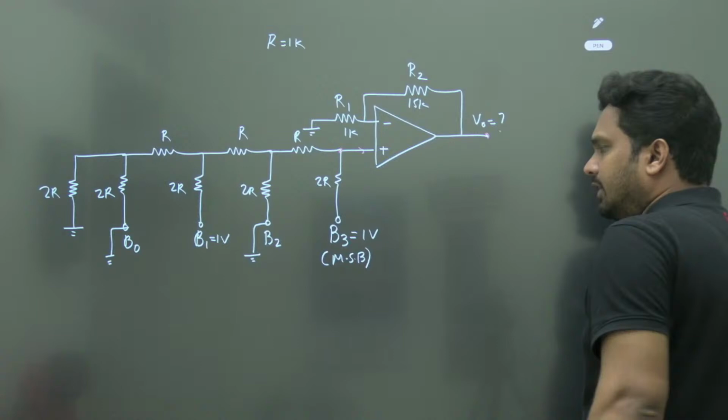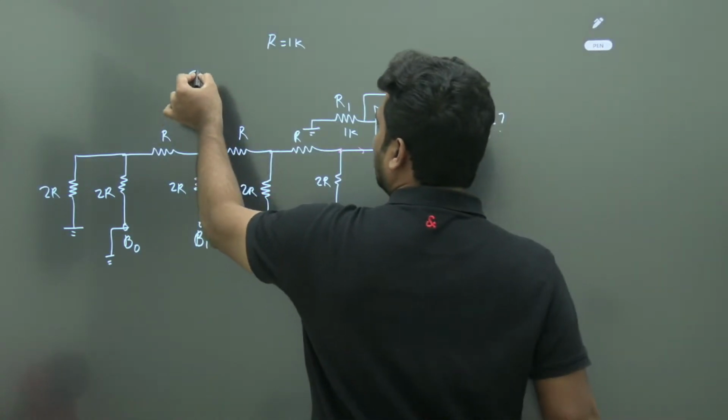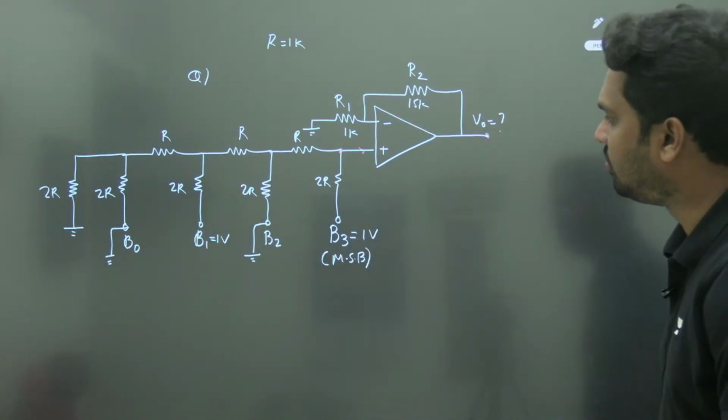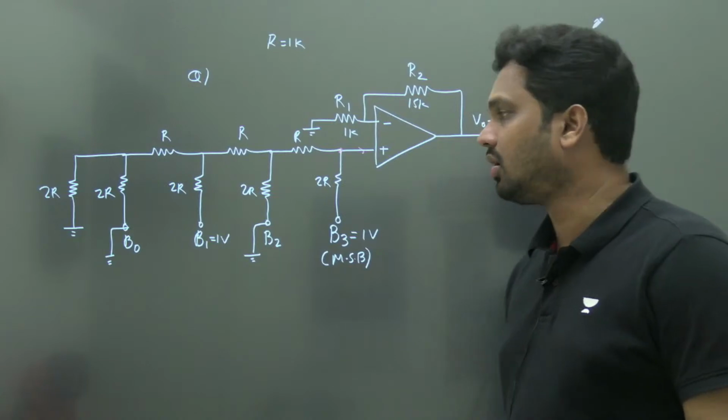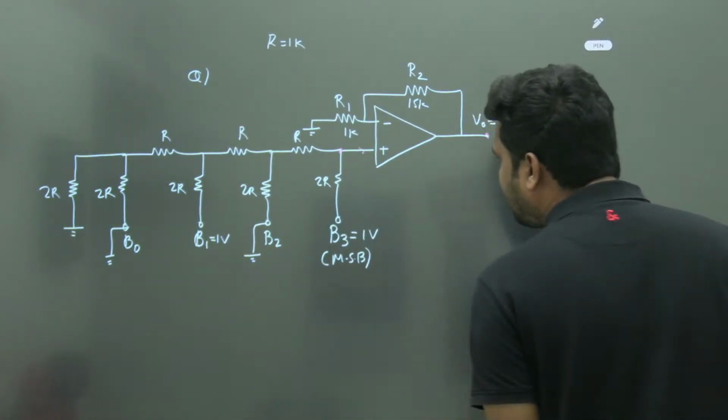How to find it? Suppose this is the circuit or this is the question given. R1, R2 values are given, R value is also given. For example, what is your V naught? Very simple. Don't worry about the entire formula we discussed.